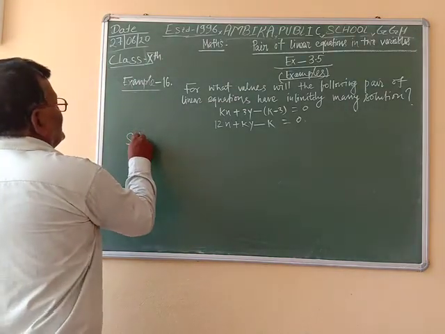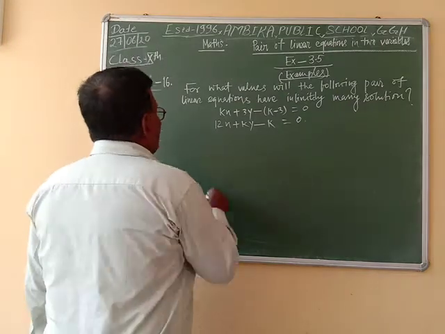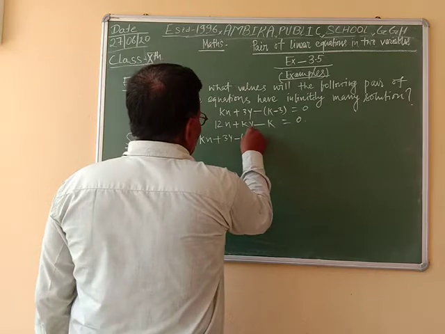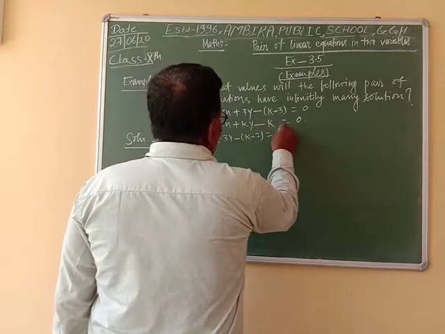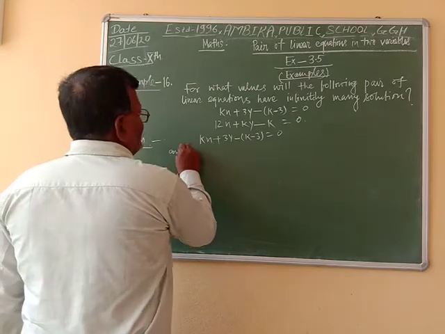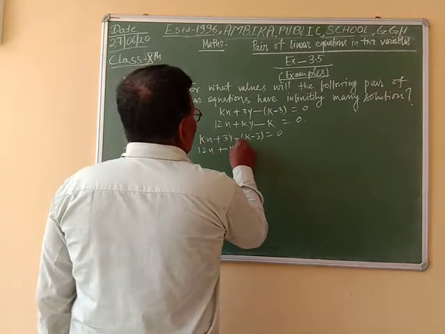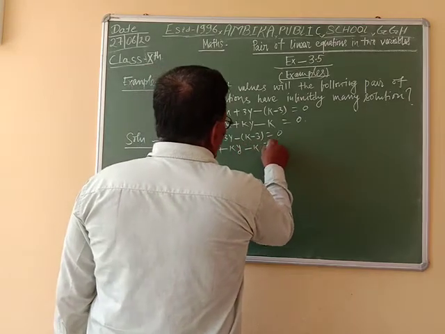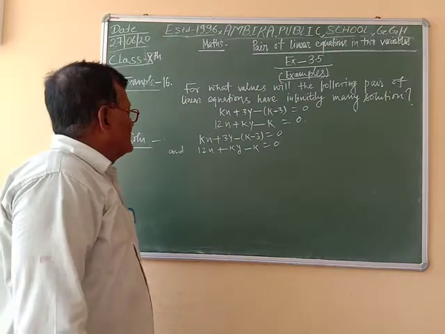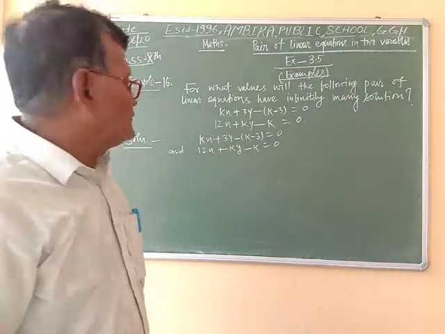So here kx plus 3y minus k minus 3 is equal to 0, and 12x plus ky minus k is equal to 0. We find a1, b1, c1 and a2, b2, c2.